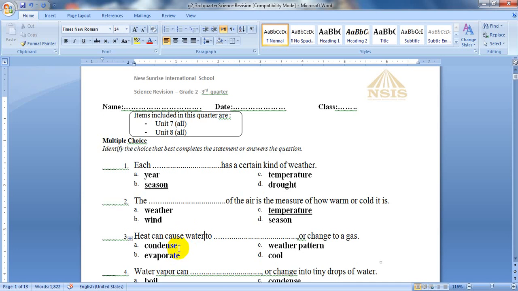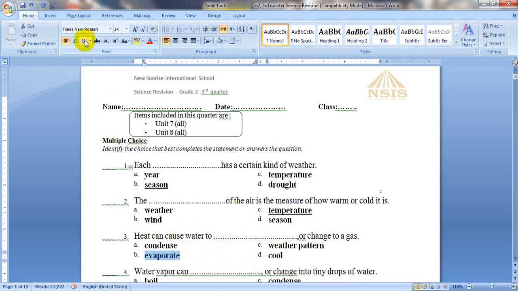Does it condense, evaporate, weather pattern, or cool? The answer is evaporate, because we said that evaporation is a process in which the liquid will change to be gas. So here, when we use heat, the liquid water will change to be gas.